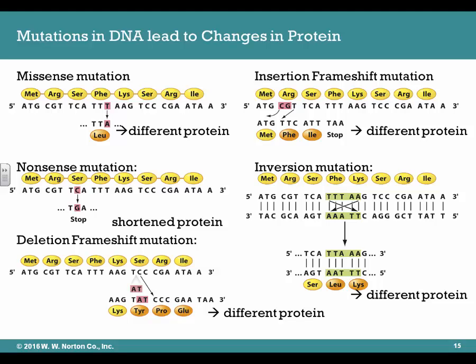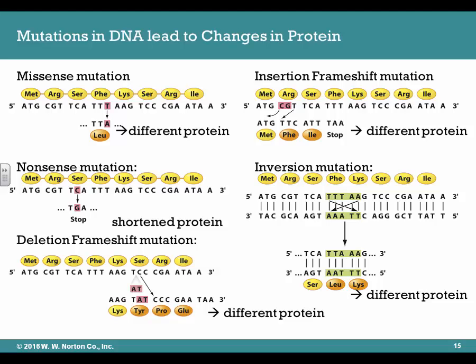That would mean that all the rest of the amino acids that are supposed to go into that protein are no longer inserted by the ribosome, because the ribosome is reading this triplet code of bases as a stop signal that it shouldn't add any more amino acids to the growing chain of the peptide, of the protein.